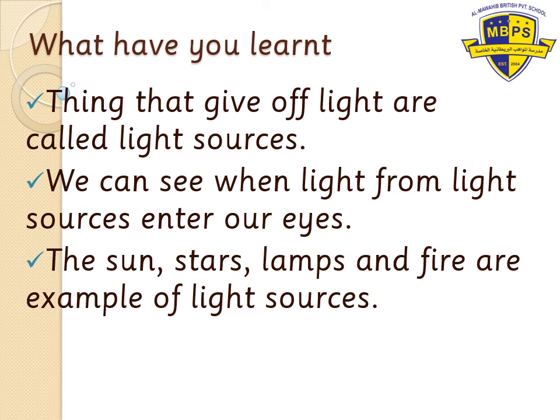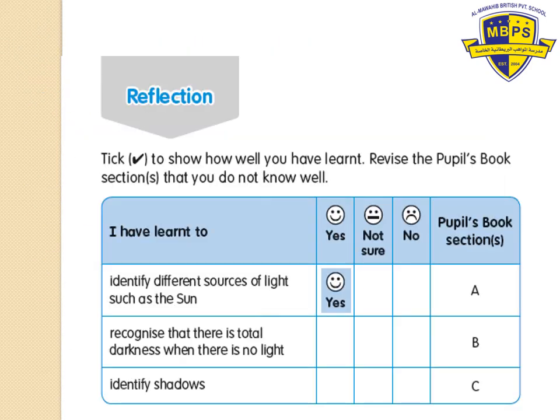The sun, stars, lamp and fire are examples of light sources. Did you answer all of these questions now? Very good. If you answered all of these questions, draw a happy face on the first one, because you know everything about light sources.